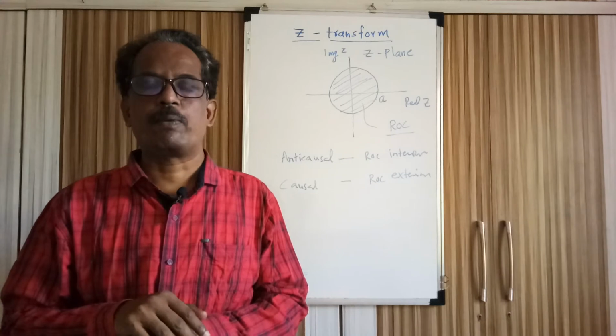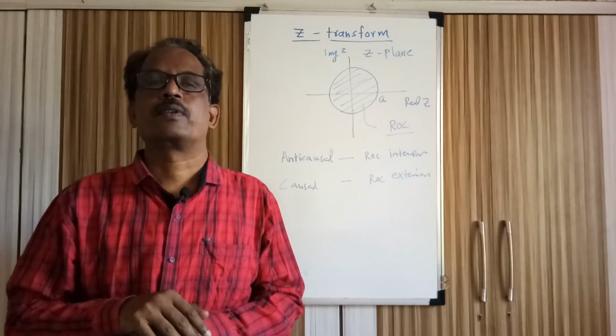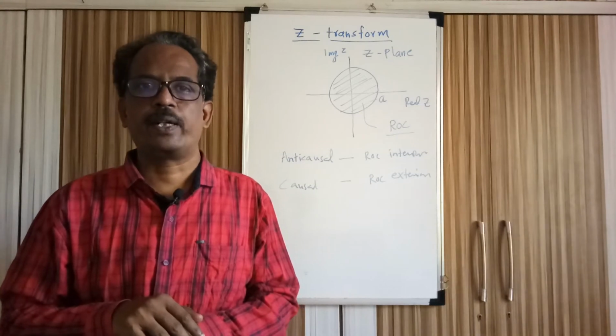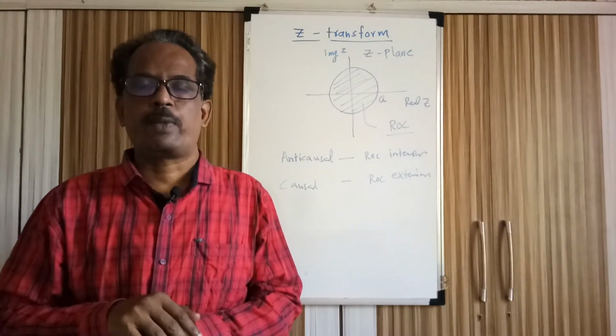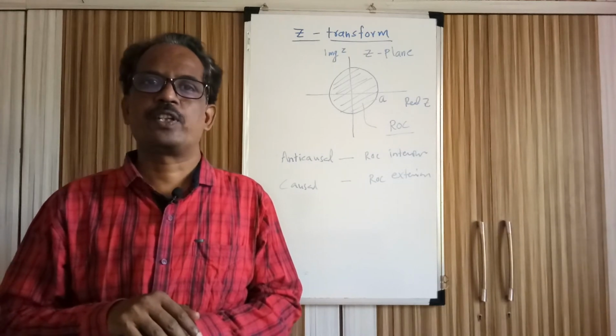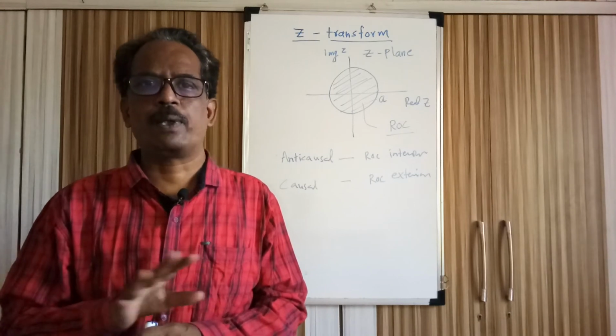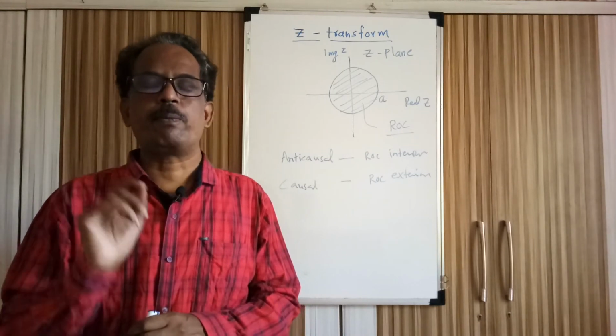And here suppose the problem is minus 5 raised to n u of minus n minus 1. The Z transform is 1 divided by 1 minus 5 Z inverse, but here the ROC is inside the circle of radius 5. So instead of solving multiple problems on the Z transform, you remember these two formulas.